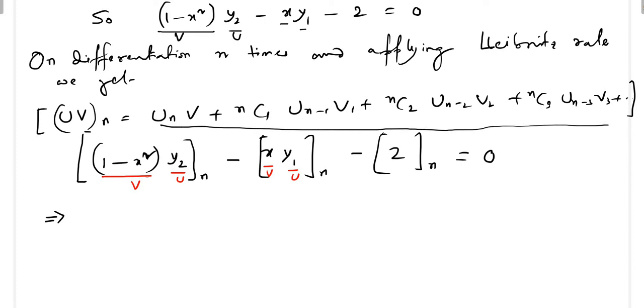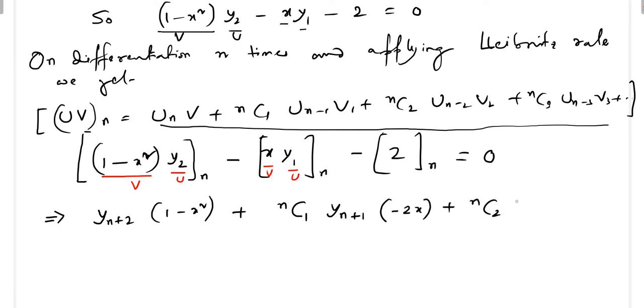Tell me, what will be the first term? yn plus 2 into 1 minus x square. Exactly. yn plus 2 into 1 minus x square plus nC1 yn plus 1, less derivative of v is always decreasing, yn plus 1 into minus 2x plus nC2 into yn into minus 2.